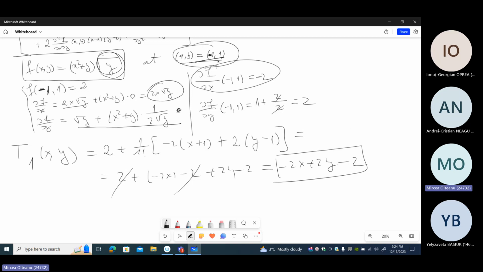So if somebody wants to compute approximately, for example, f of (-1, 1.01), we can use this formula to approximate, because this point is close to this one. Or we can also here change, instead of -1, we can put -0.9, for example.